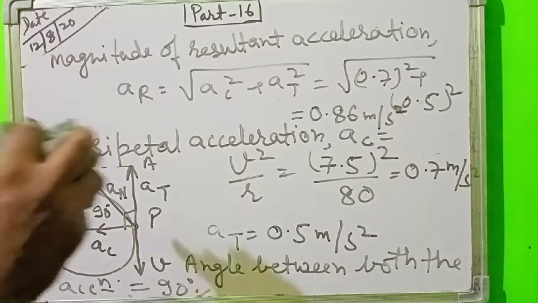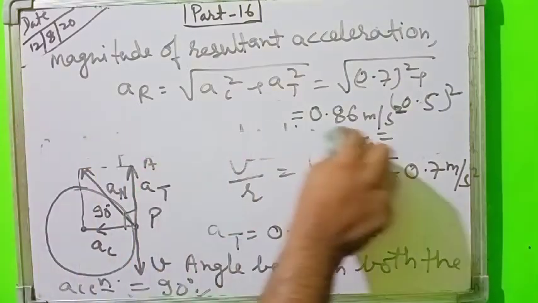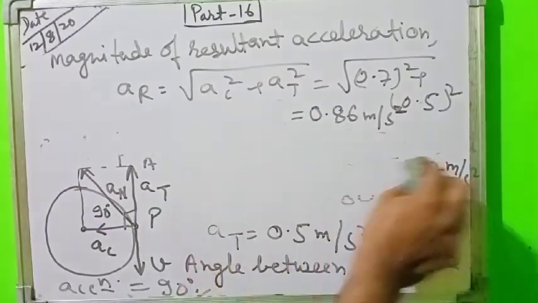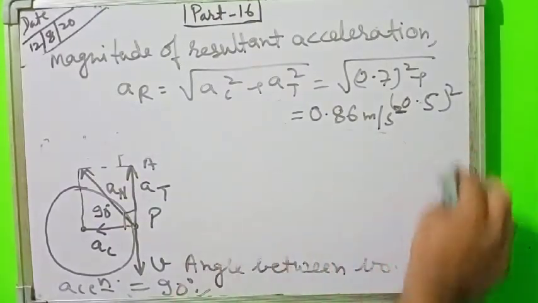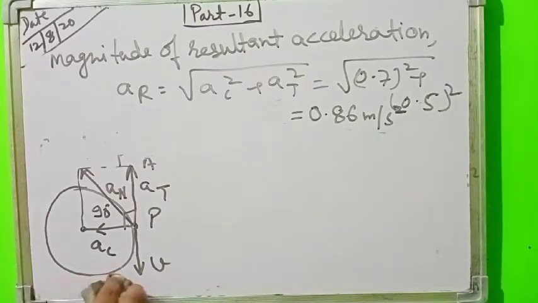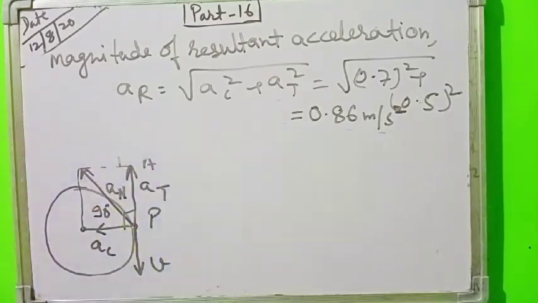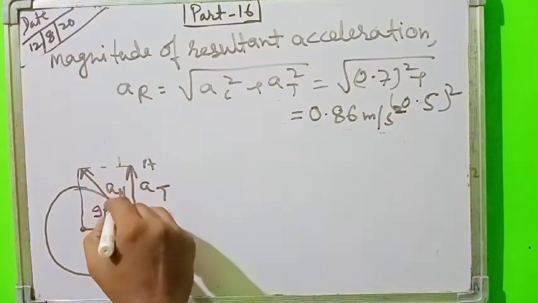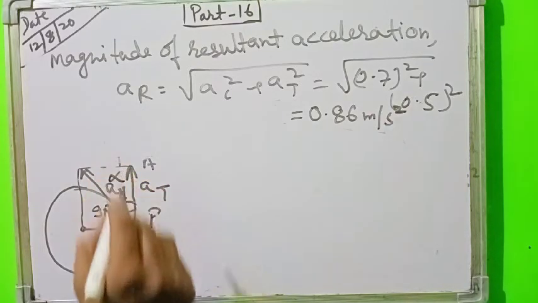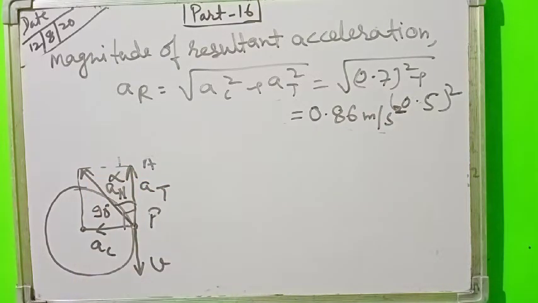Now dear students, we will find the value alpha, which is the angle the resultant acceleration makes with the tangential acceleration.